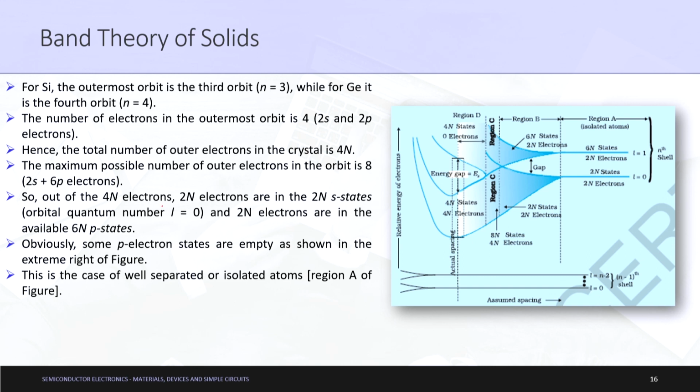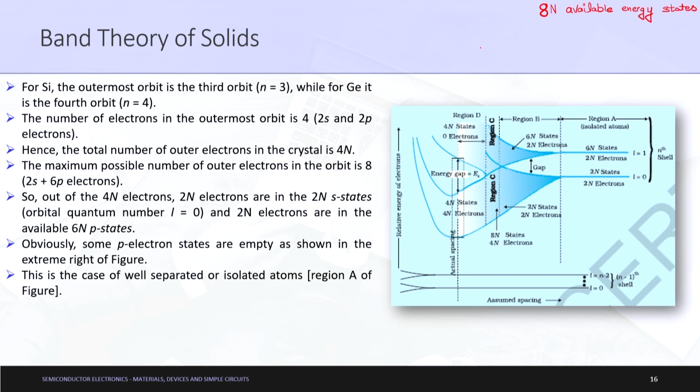So, out of the 4n electrons, 2n electrons are in the 2n s states and 2n electrons are in the available 6n p states, quite evident. So, basically there are a total of 8n possible states, out of which there are 4n valence electrons. Let me make the picture much clearer. There are 8n available energy states.